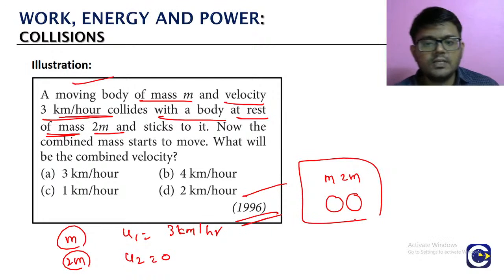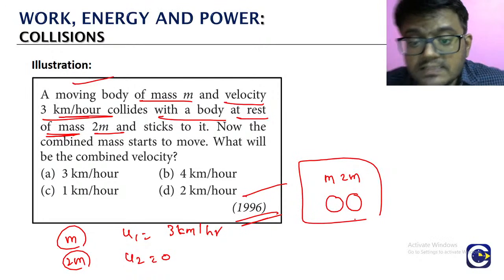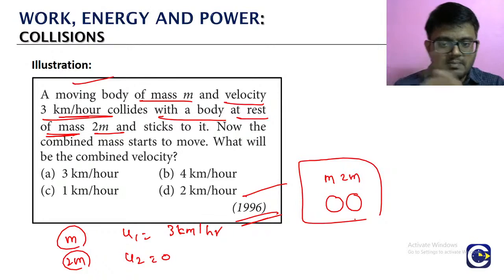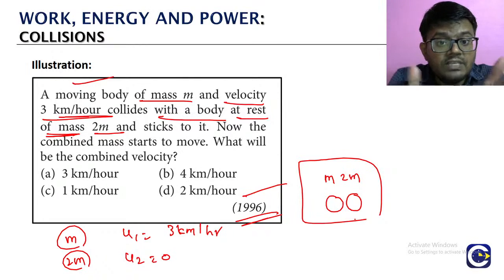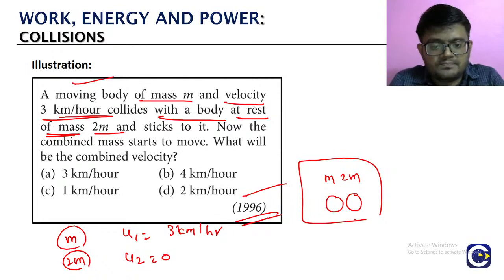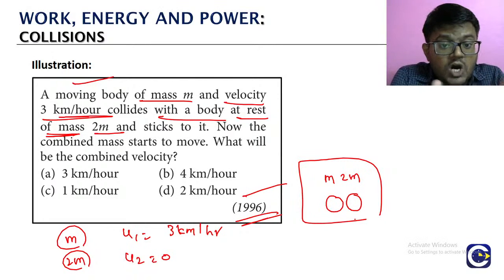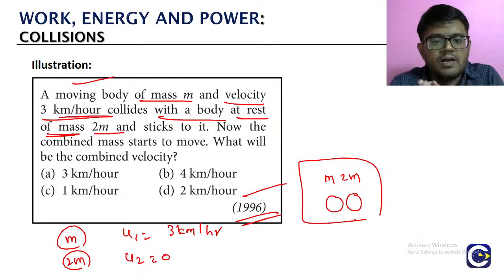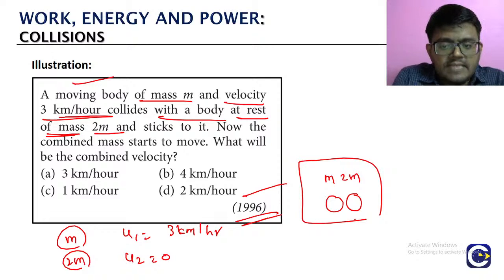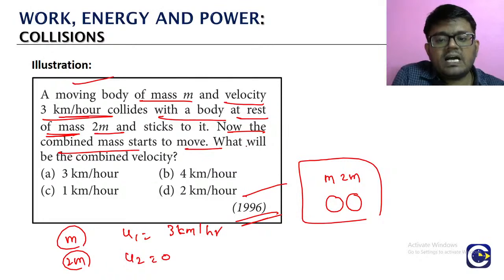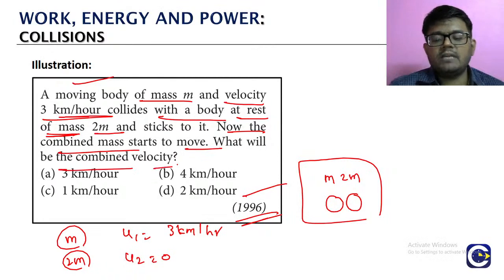This kind of situation will happen in some types of collisions. We will see in which kind of collisions this sticking will happen. After the collision, the objects will be sticking together and then moving. Now the combined mass starts to move. What will be the combined velocity?